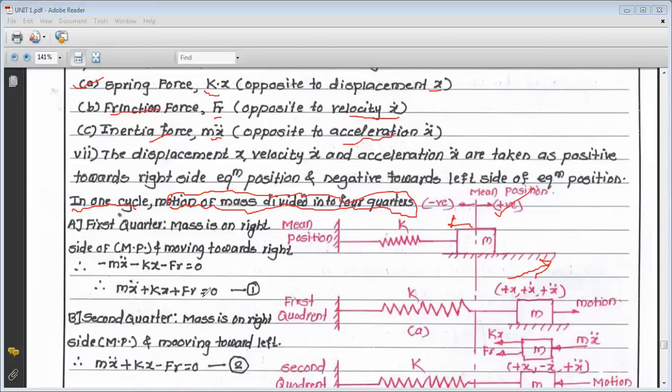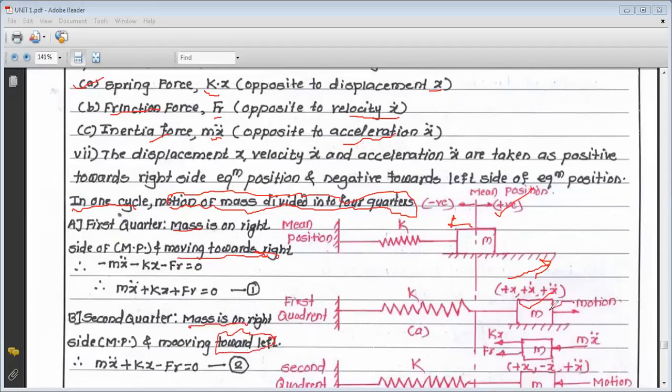The mass is on the right hand side of the mean position and moving towards the right. Now what is the second quarter? In the second quarter, the mass is on the right hand side, the same, but moving towards the left. The motion of the body changes.